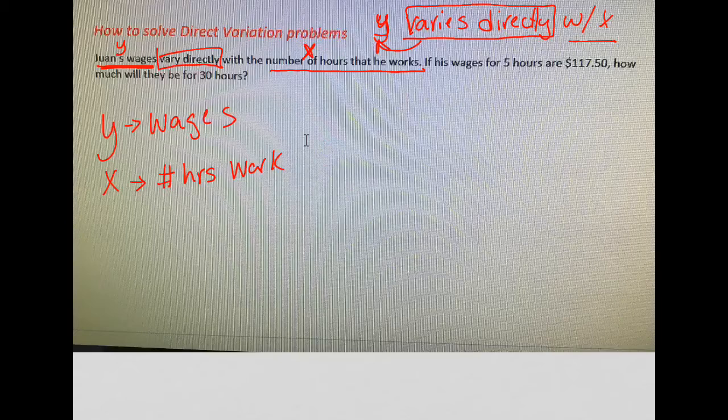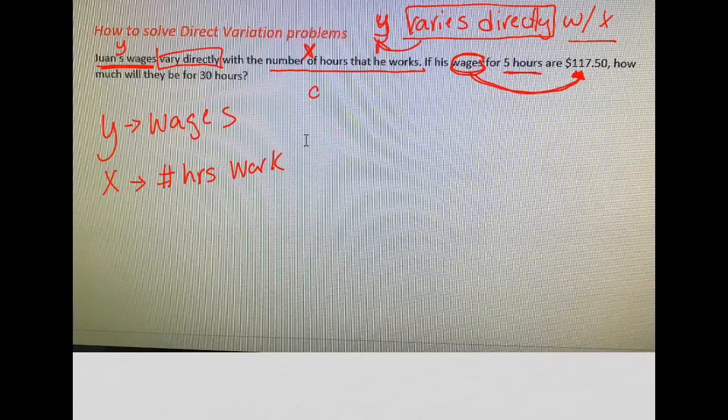Okay, so then it says if his wages are $117.50 for 5 hours, how much would they be for 30? Notice how I kind of skipped part of the equation. Wages is money.